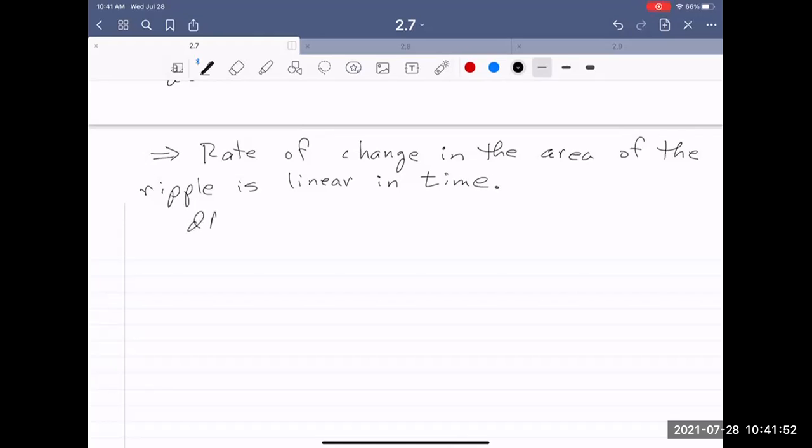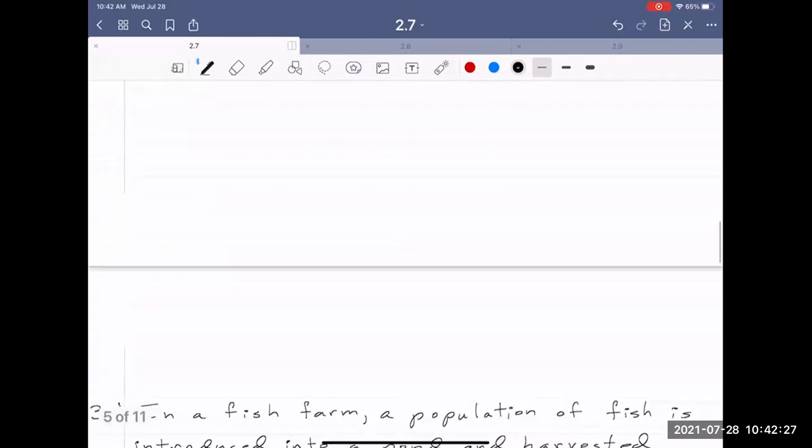That the rate of change is just 7,200 pi times t, square centimeters per second. And so that's how the area increases. Any questions about that? Okay. Oh, good.